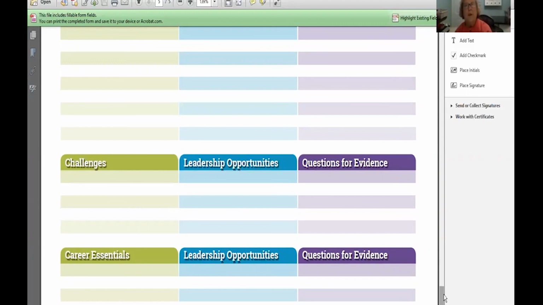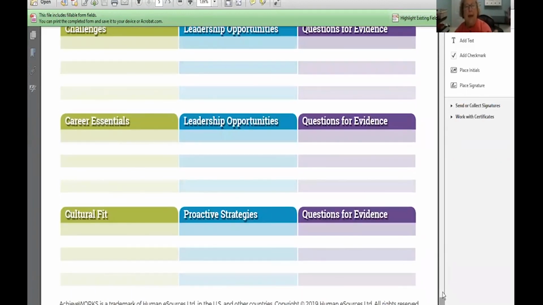The areas of career essentials and cultural fit are simply drilling down to a 1 or 2 word title that captures what I need in a career. So for me, career essentials, you probably can already figure it out. I need motivated people that want to be helped, or ways of finding me to be able to motivate them.